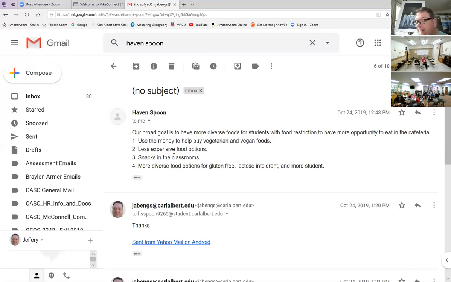That's just an idea. You might search for whether they tried to make options available for people who have to be gluten-free or have lactose allergies.